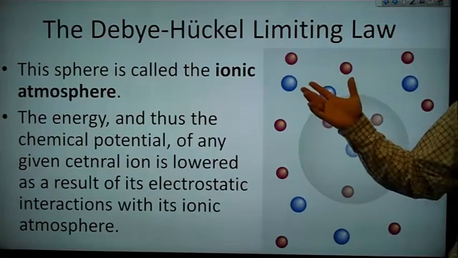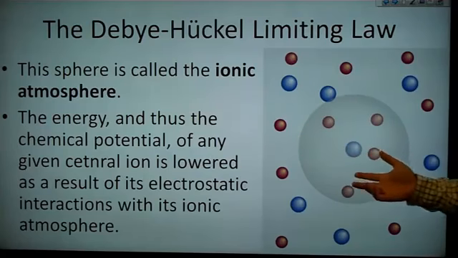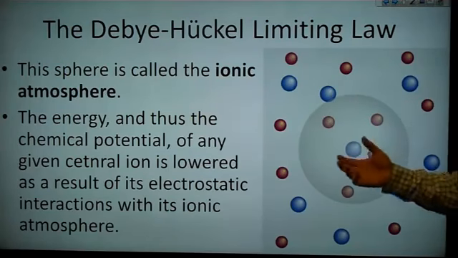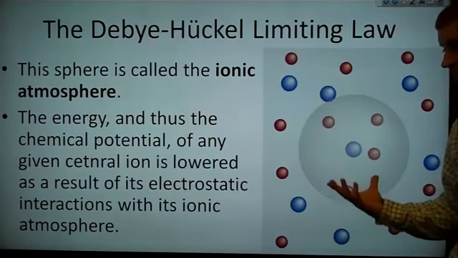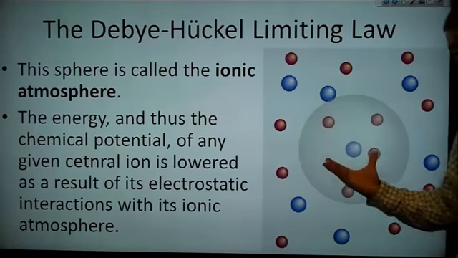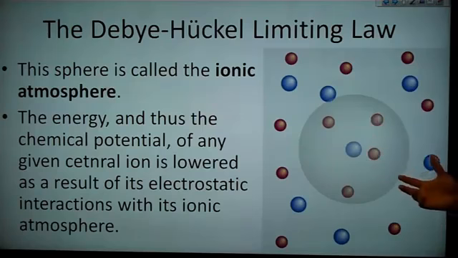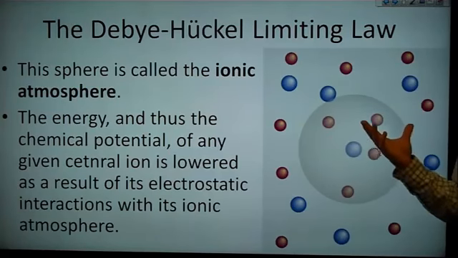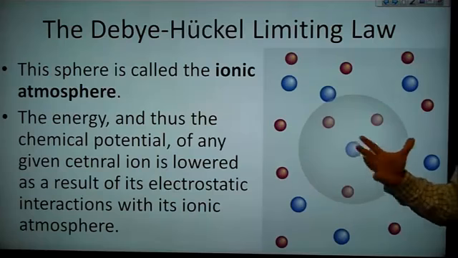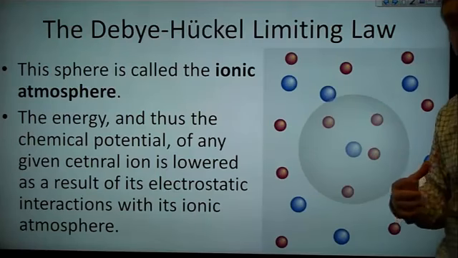So the energy, and thus the chemical potential, of our given central ion is lowered as a result of its electrostatic interactions with its ionic atmosphere. It's more stable for that cation to be in that charged ionic atmosphere of opposite charge.